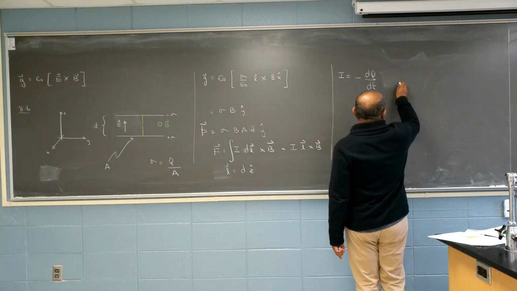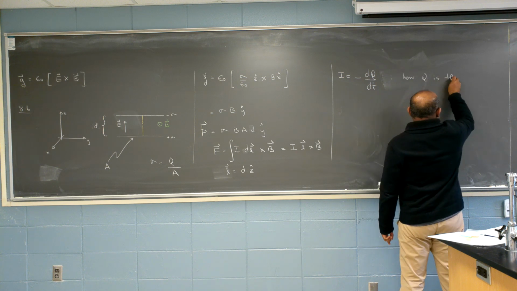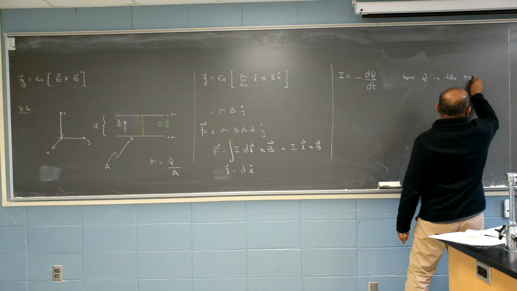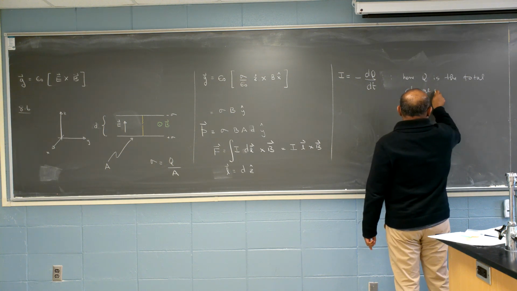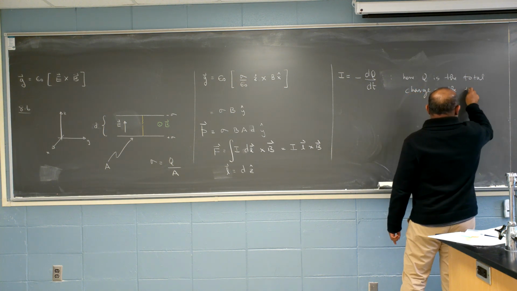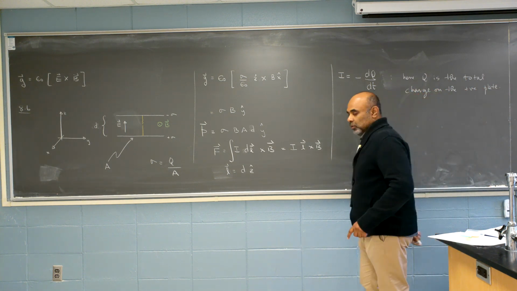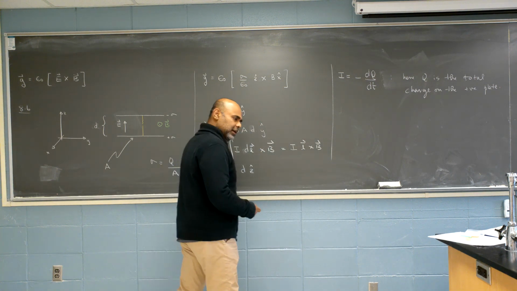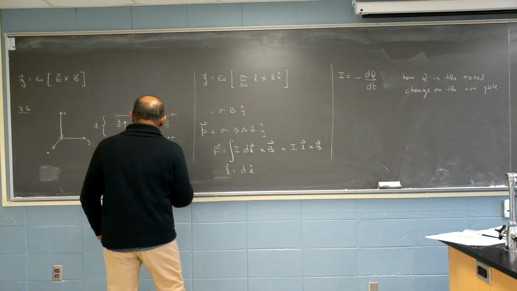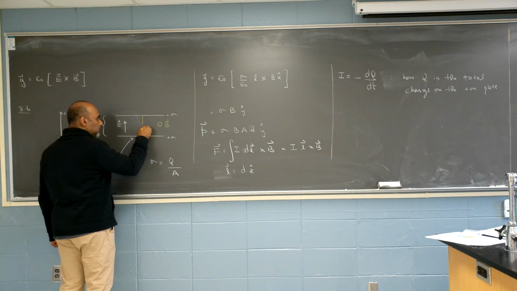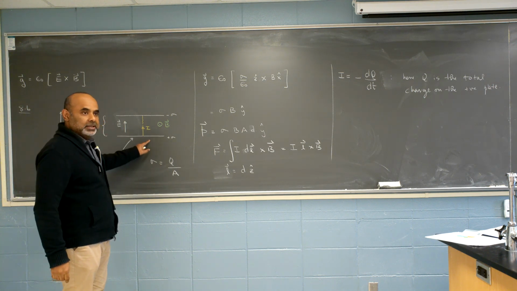I'll tell you why. Here, Q is the total charge on the positive plate. So let me tell you why I put the negative sign. Again, when we do capacitors, we do the same thing. If you recall, there's a current going this way. It's being discharged. What is happening as the plates are being discharged?